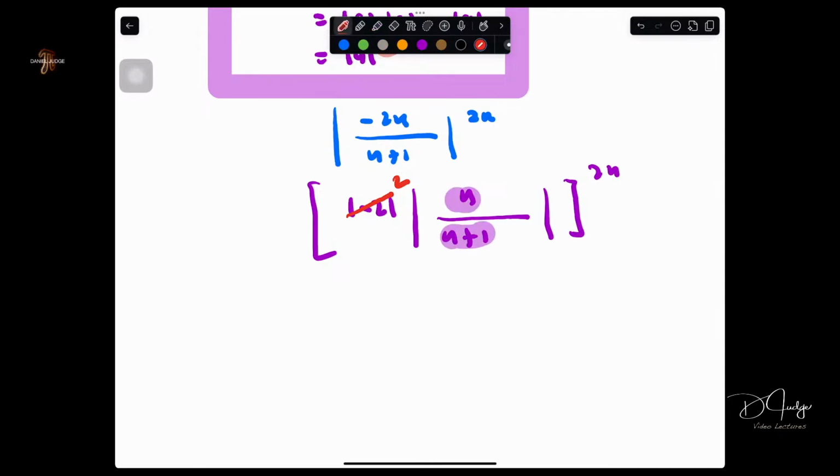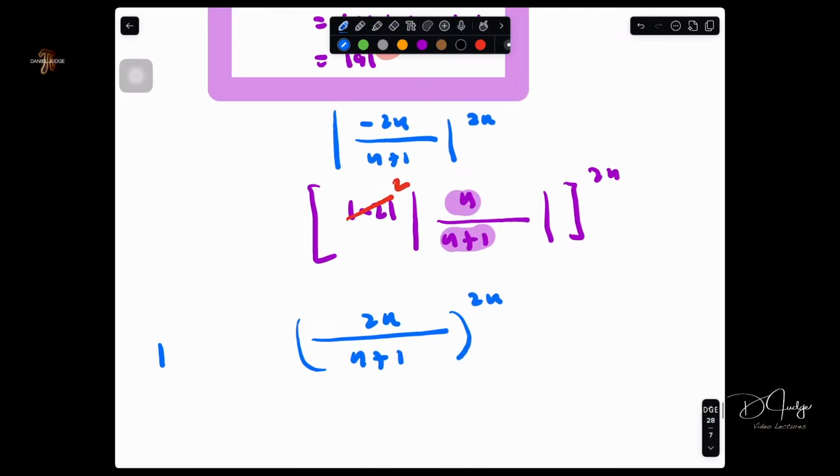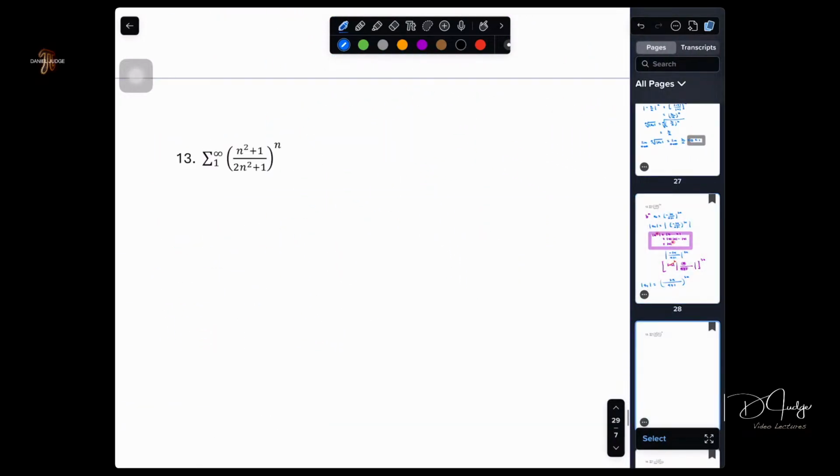Everything there is positive. So you're going to end up with now 2n over n plus 1 raised to the 2n power here. And that's just the absolute value of an.